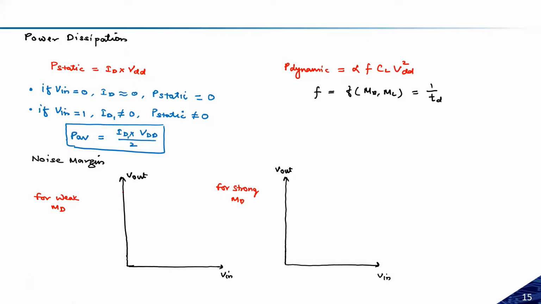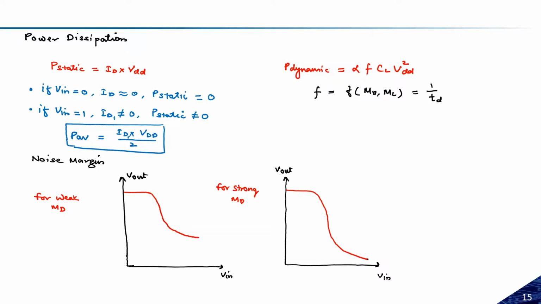So the characteristics which I will receive will be something like this, and for the other case, I will get the waveform something like this.